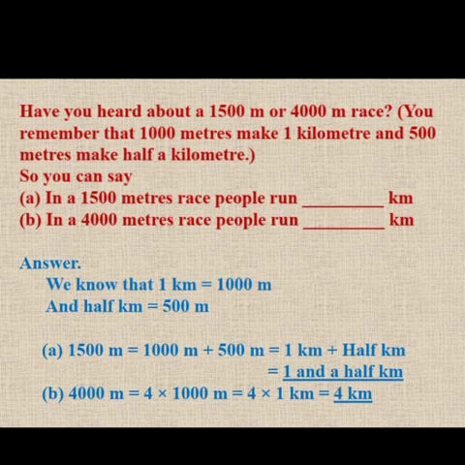So 4000 meter is equal to 4 multiplied by 1000 meter is equal to 4 multiplied by 1 kilometer. Why we have written 1 kilometer? Because 1 kilometer is equal to 1000 meter. So 4 multiplied by 1 is equal to 4. So the answer is 4000 meter equal to 4 kilometer. So in a 4000 meters race, people run 4 kilometer.